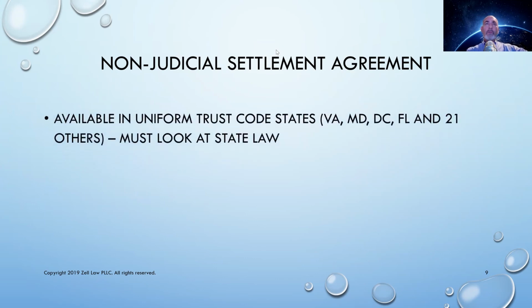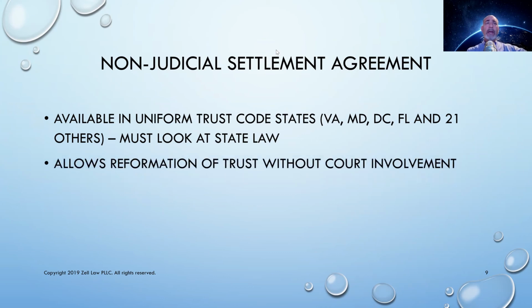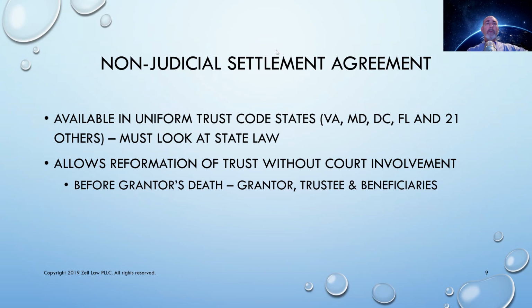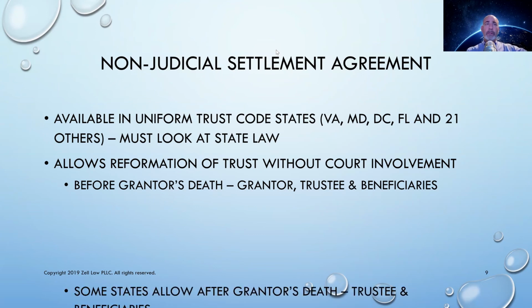In uniform trust code states like Virginia, Maryland, DC, Florida, and 21 other states, you have to look at state law, but a non-judicial settlement agreement generally is available. It allows you to reform the trust without involving a court. Before the grantor's death, you need the consent of the grantor, the creator of the trust, the trustees, and the beneficiaries.